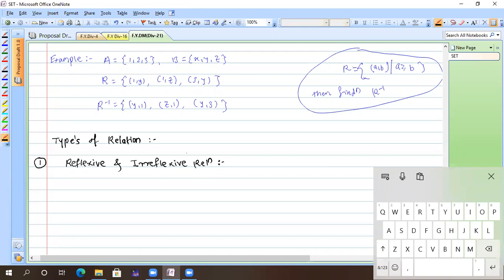Do you know what is meant by reflexive and irreflexive relation? Anyone knows?